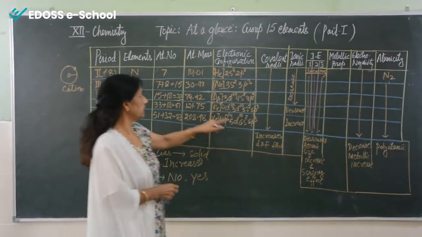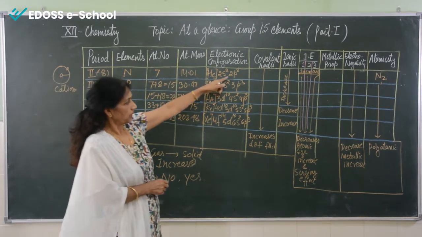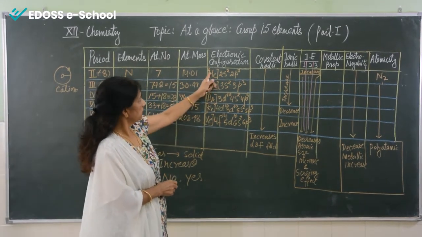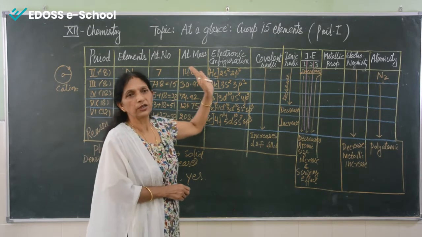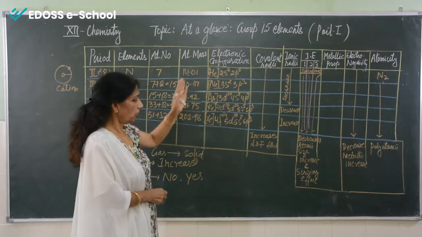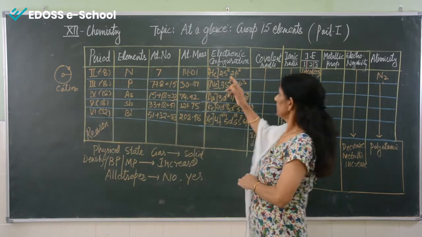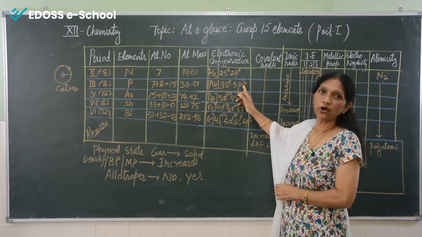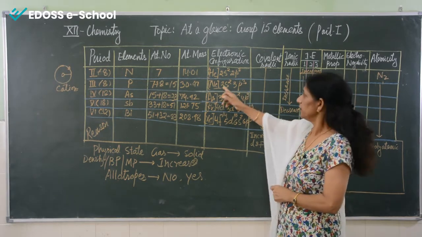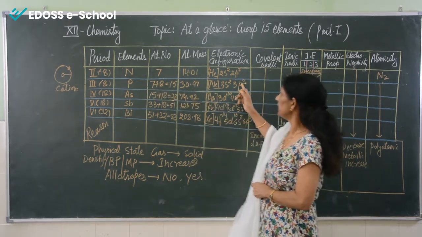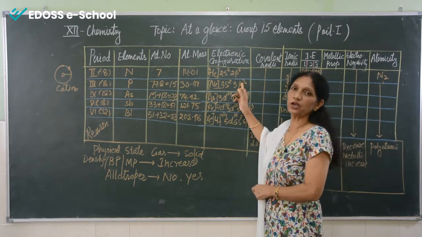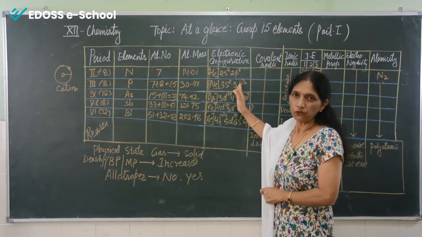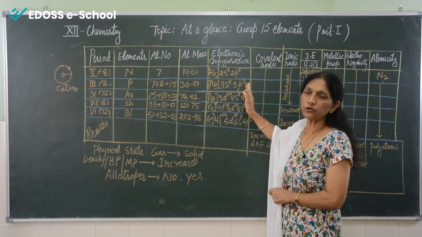You can see here as we are going downwards, this nitrogen is not having a d orbital, but here phosphorus is having a d orbital. Maybe this d orbital is not fulfilled, okay, meaning it is not utilized.